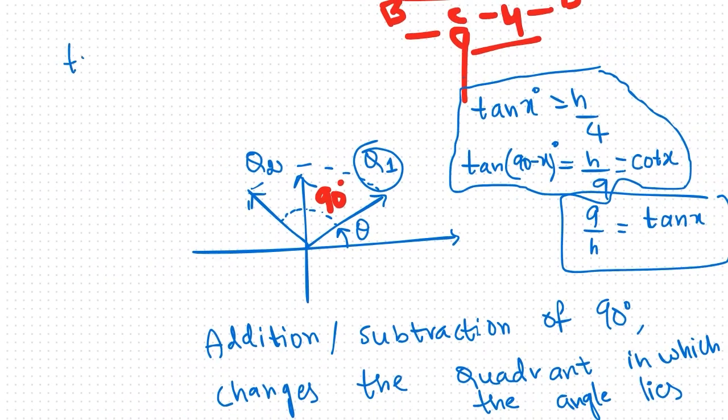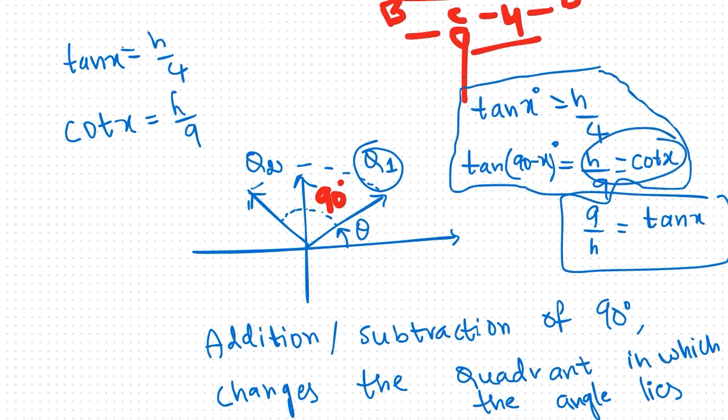We have two relations: tan x was equal to h by 4, and h by 9 was actually cot x. So tan of 90 minus x degrees is equal to cot x degrees, which is h by 9.